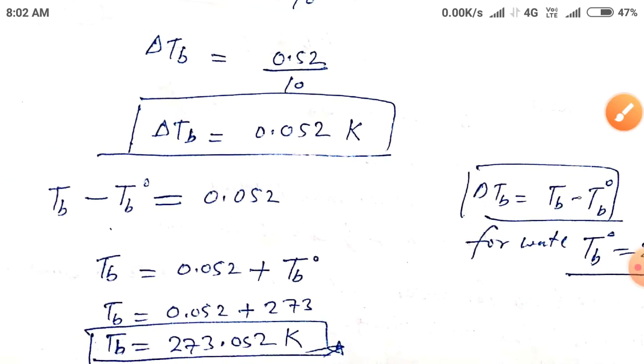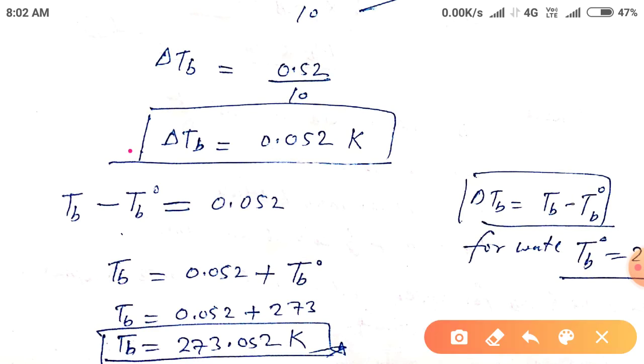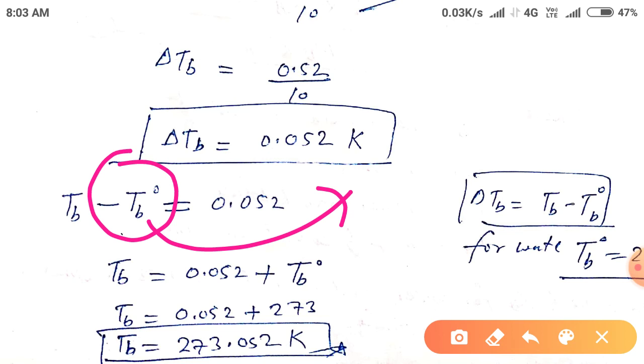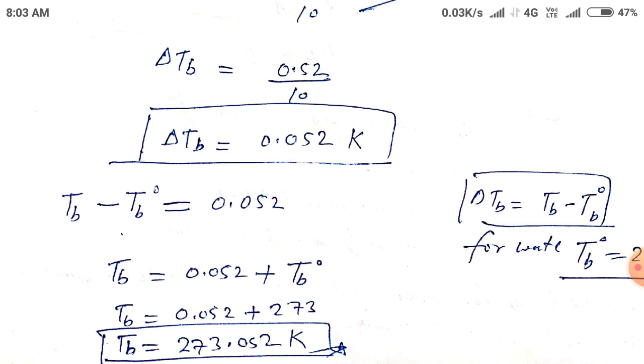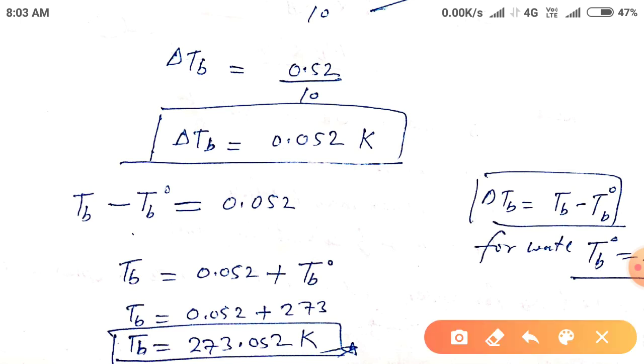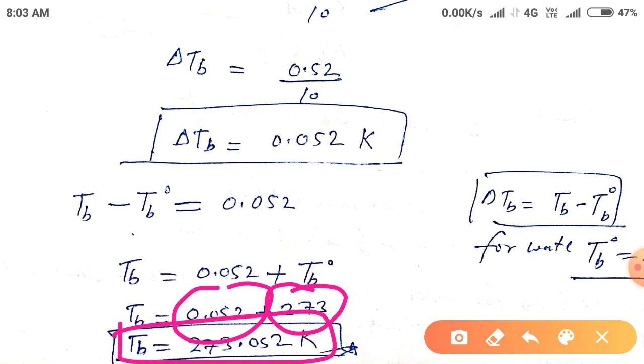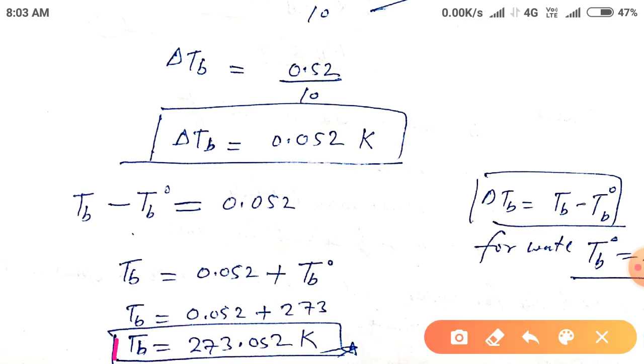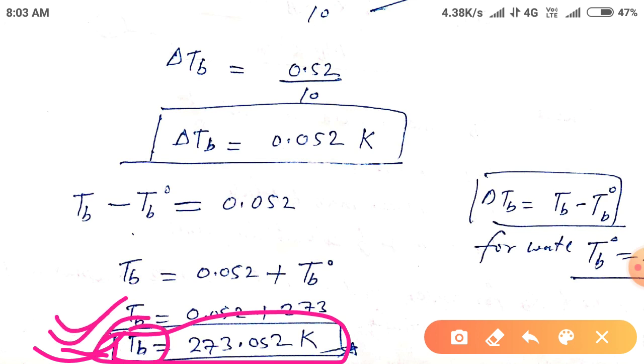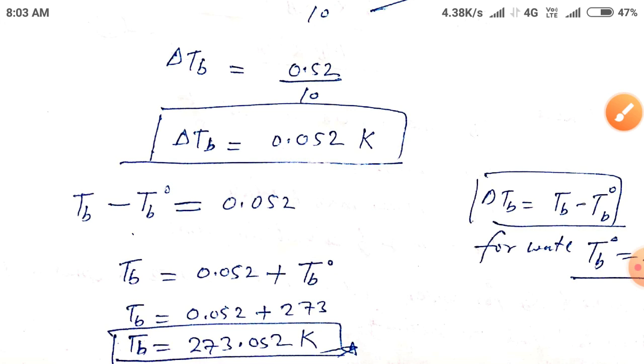By shifting this value to the right hand side, it becomes positive, and by putting in the value 273 and adding, we get Tb equal to 273.052 Kelvin. This is the boiling point of water in the solution that is asked by the question. So thank you.